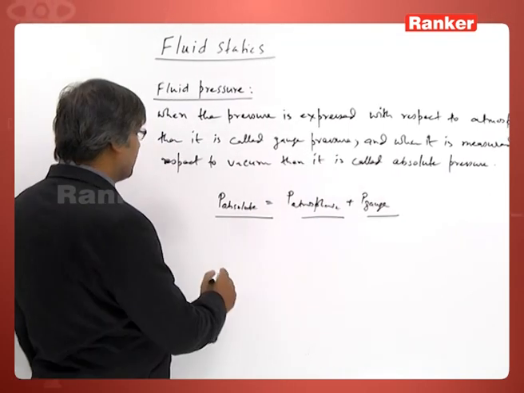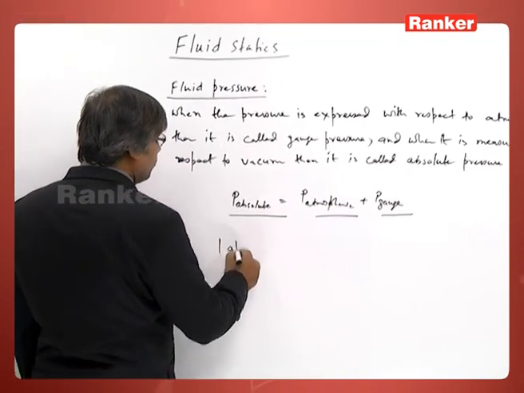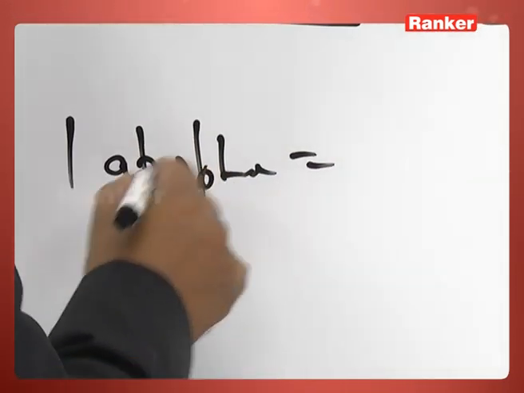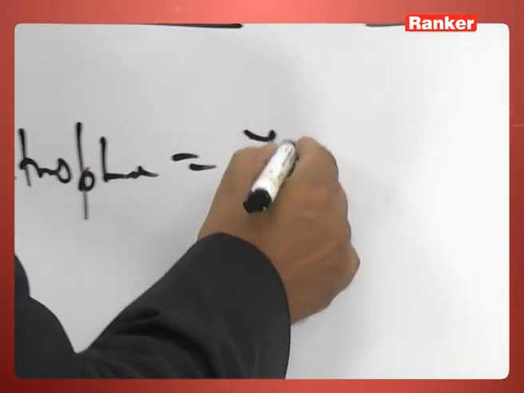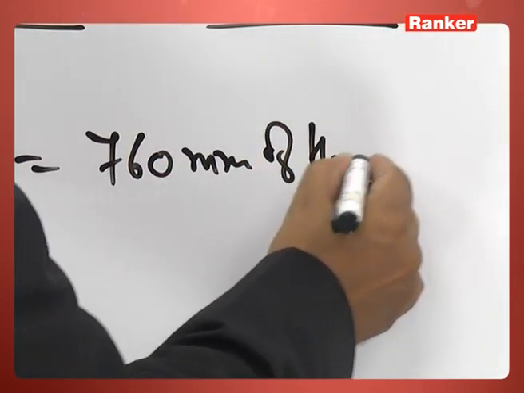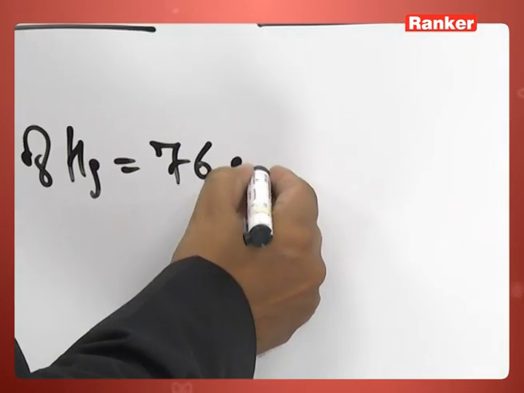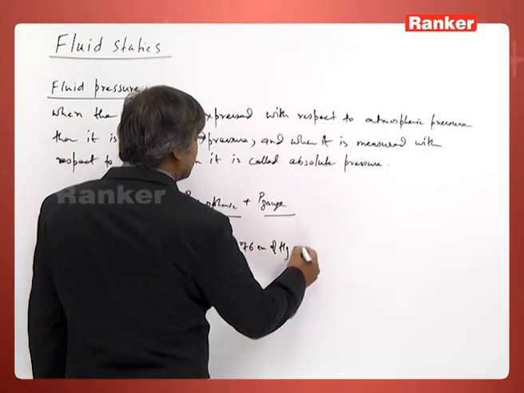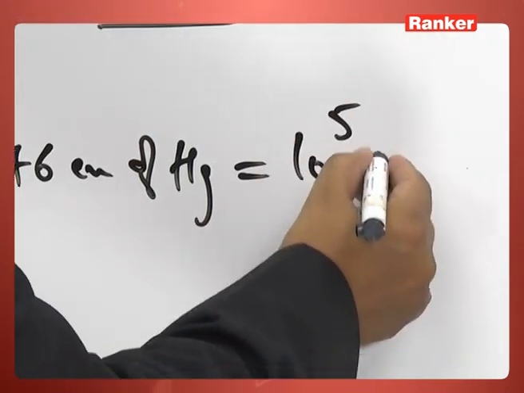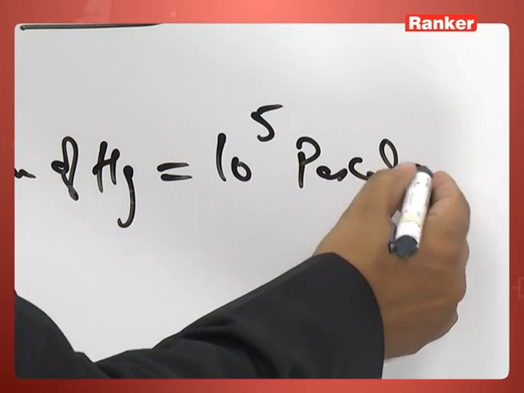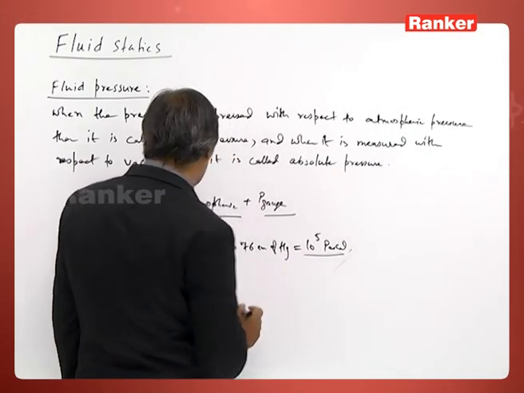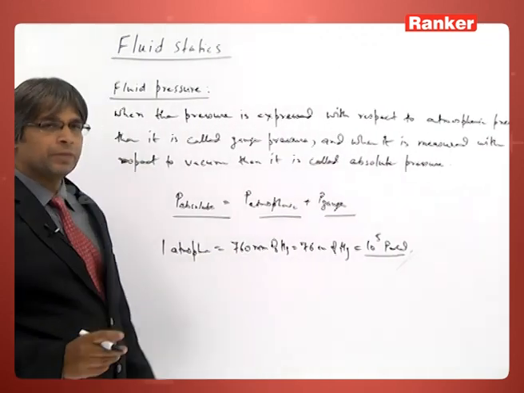One atmospheric pressure is equal to 760 mm of Hg, that is 76 centimeter of mercury, that on calculation comes out to be nearly 10 to the power 5 Pascal, that is Newton per meter square. So, this is the atmospheric pressure.